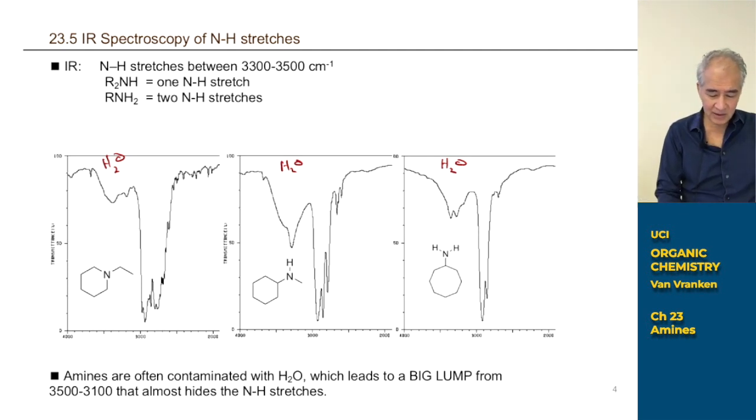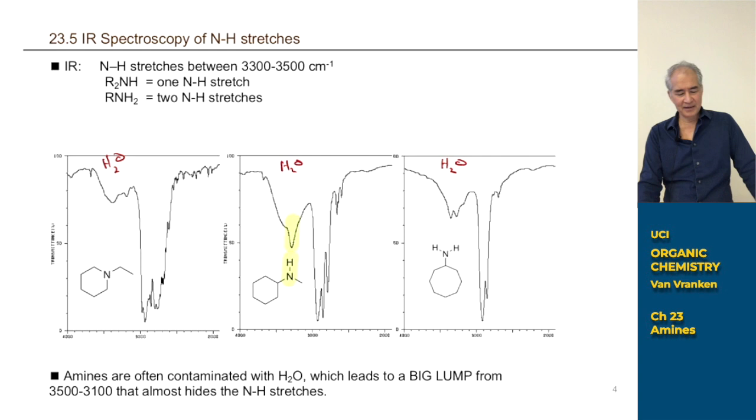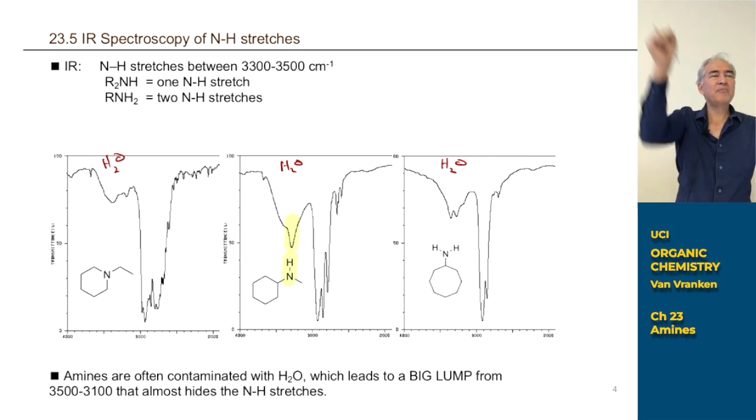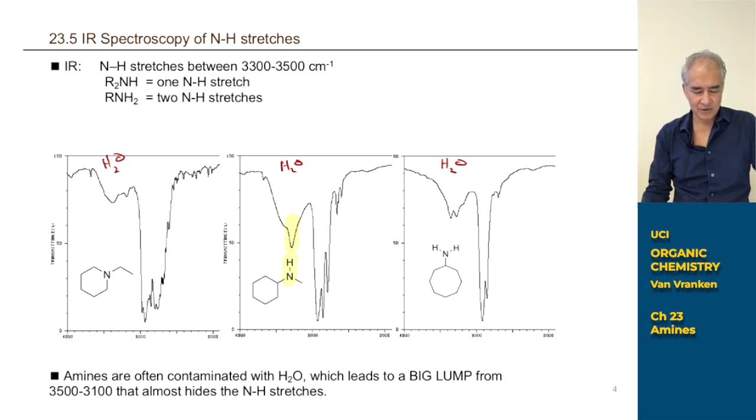Okay, but when I look at this secondary amine over here that has one NH stretch, I can see a peak sticking above that water lumpy thing. That's the NH stretch, the vibration of the NH as it absorbs IR light and causes that stretching transition.